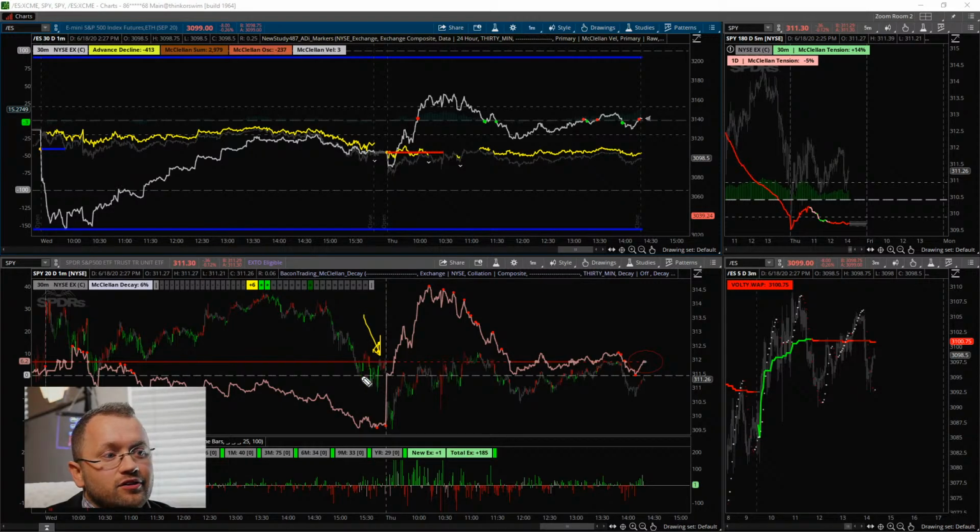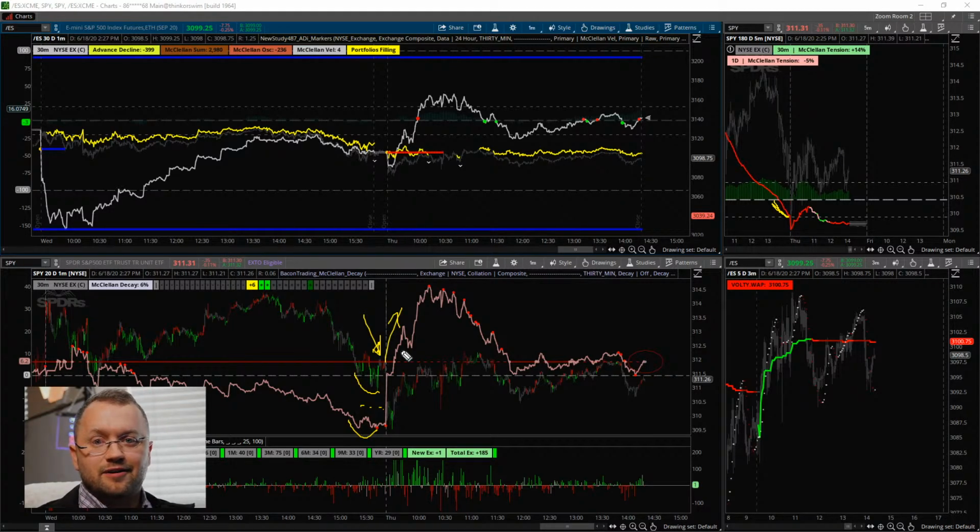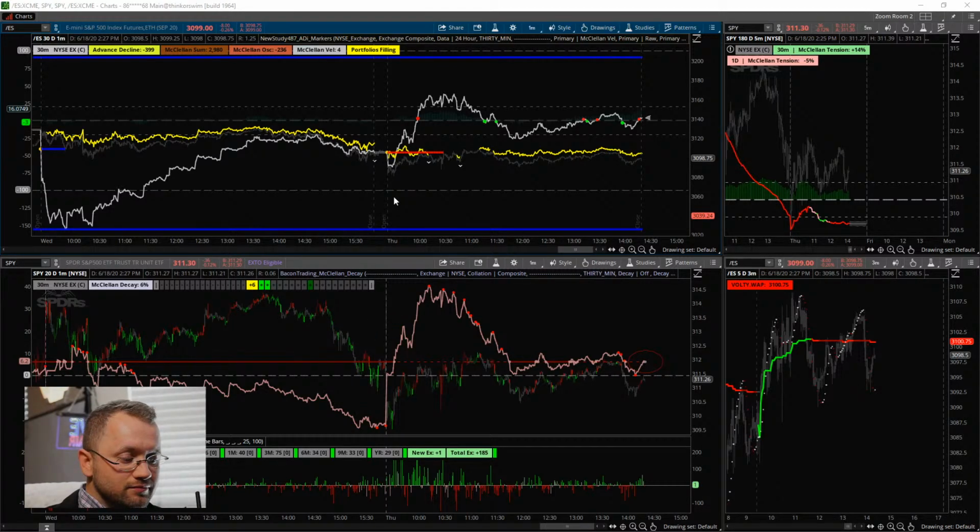Okay, so let's take a look at where we were into the close yesterday. You remember right here into the close, looking at a nice bullish decay retest with stops below, and the market gave us kind of a wider 0 test. And I was looking at that thinking if these bulls come in, this would be the best spot for the bulls to pick this up and get that 0 test going again. And the idea was if the bears were going to come in and manipulate the market, that would look like cheating to me.